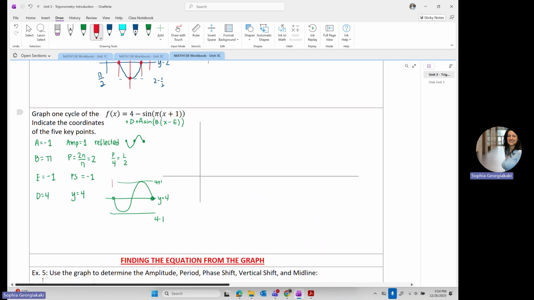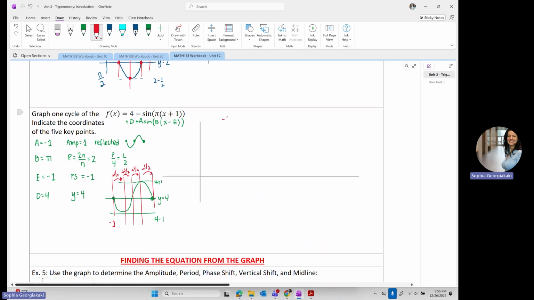The starting point here will be at phase shift -1, and every one of these quarters will be a 1/2. So plus 1/2, plus 1/2, plus 1/2, and plus 1/2.